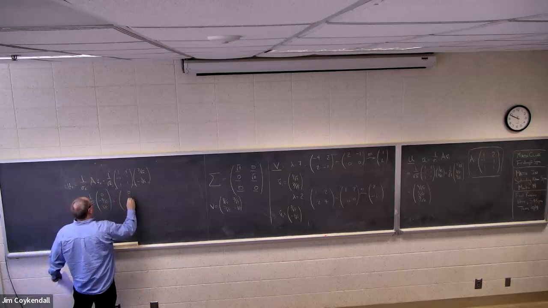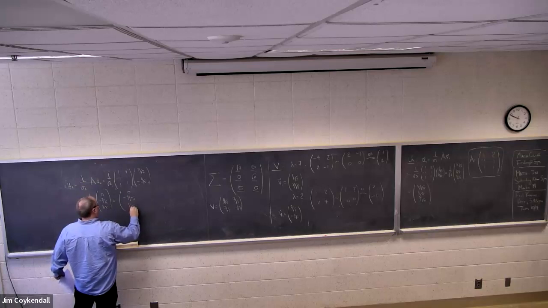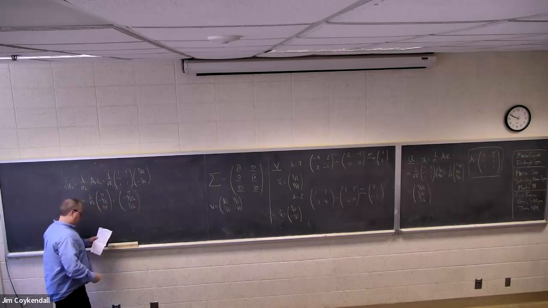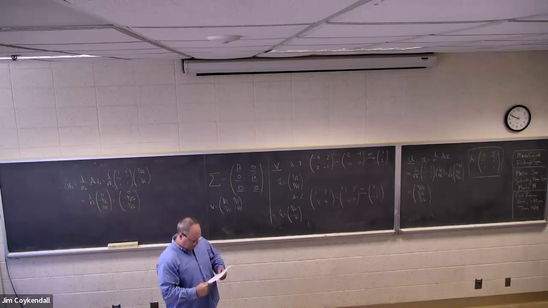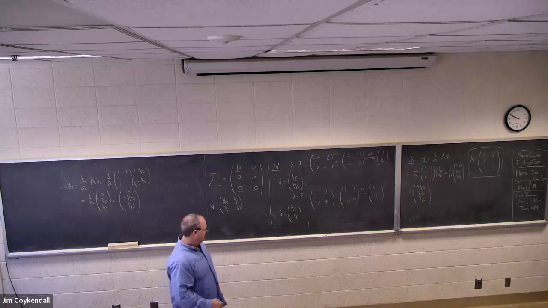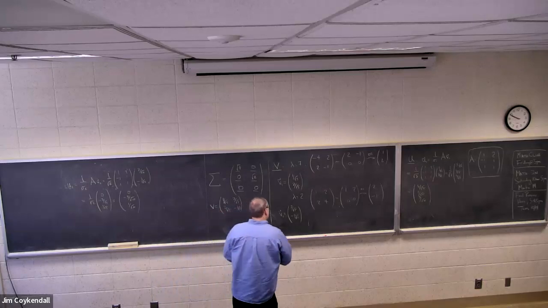And this is 0, minus 3 over radical 10, 1 over radical 10. So here's U so far.